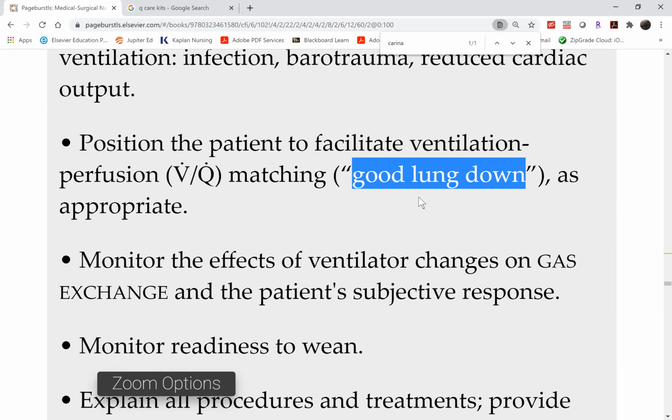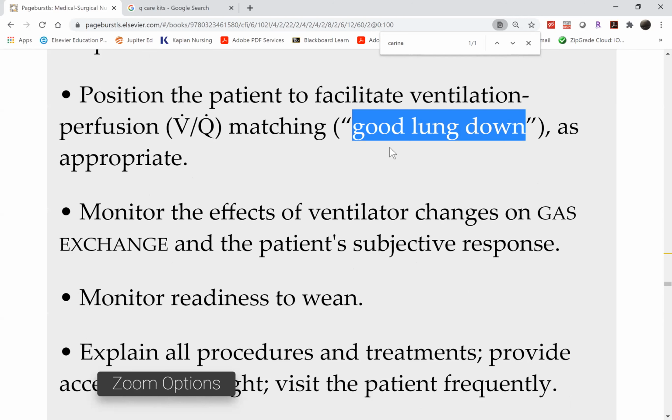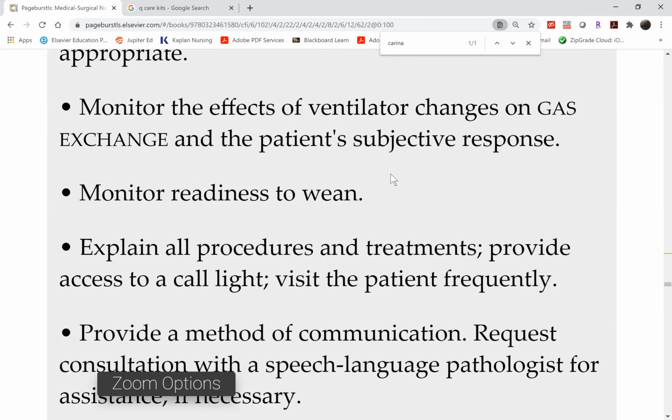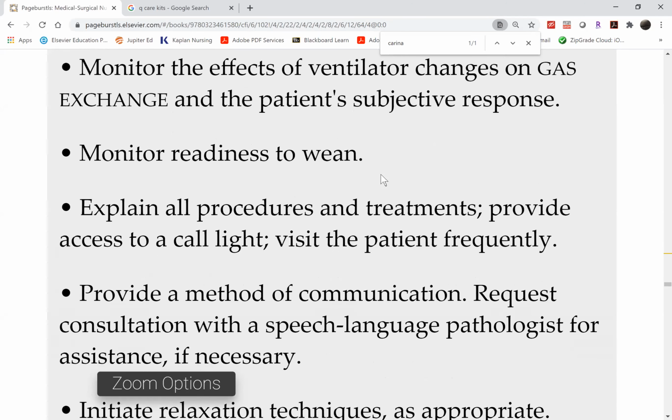The rationale is to allow the defective lung, the bad lung, larger or easier expansion, and also to promote lung drainage from that bad lung. If you read the literature, many now are saying bad lung down, but our textbooks still say good lung down, so we follow this. I'll explain weaning later.